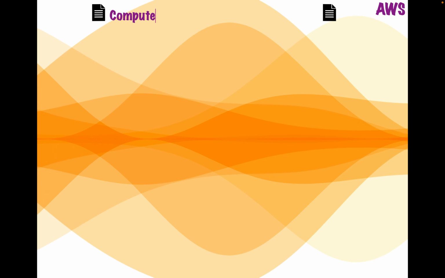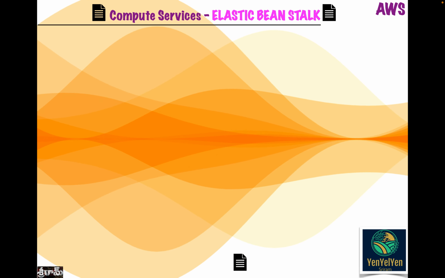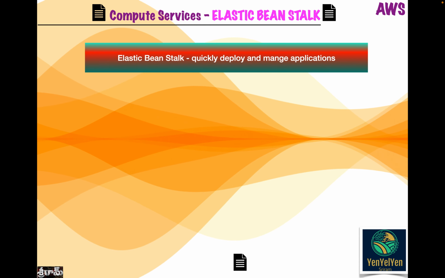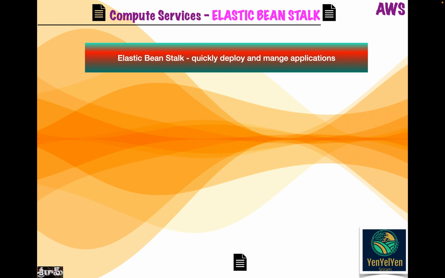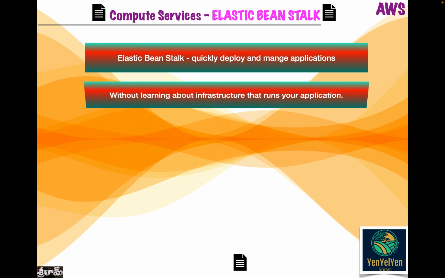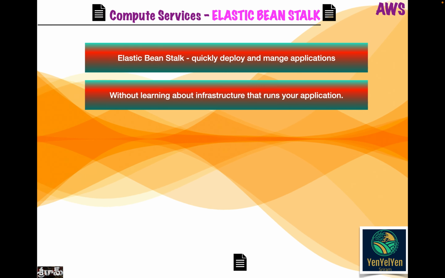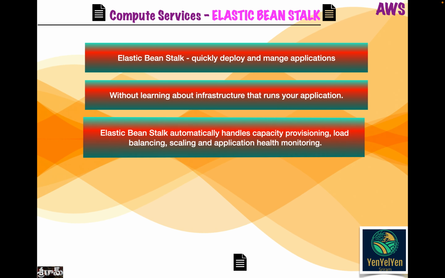The next compute service is Elastic Beanstalk. With Elastic Beanstalk, you can quickly deploy and manage applications in the cloud without having to learn about the infrastructure that runs those applications. Elastic Beanstalk reduces management complexity without restricting choice or control.